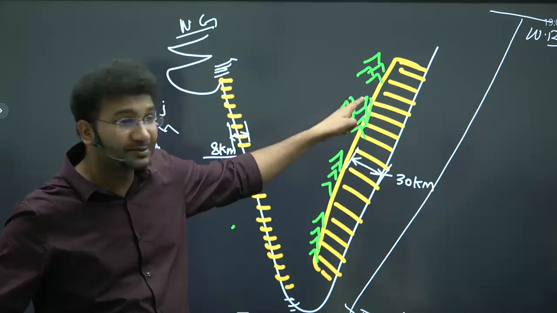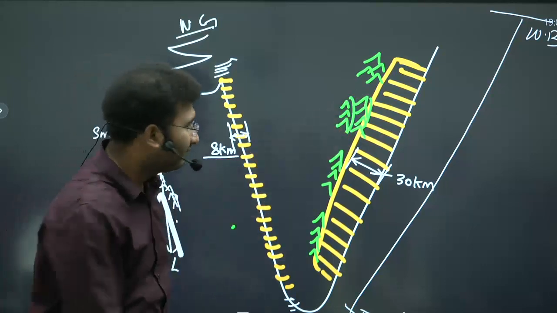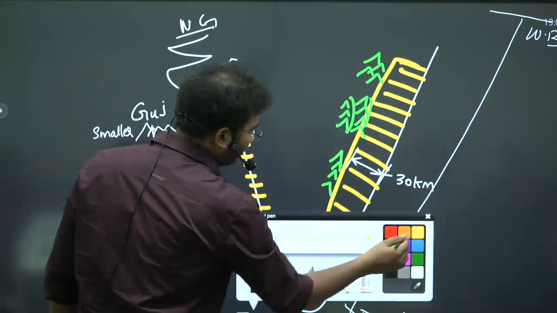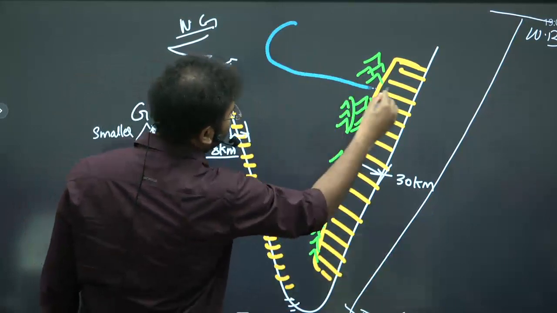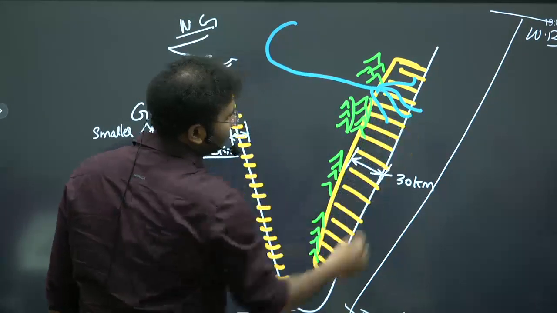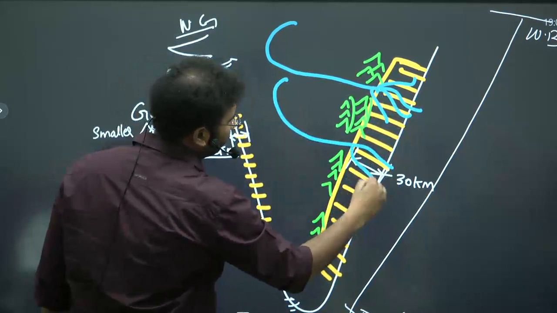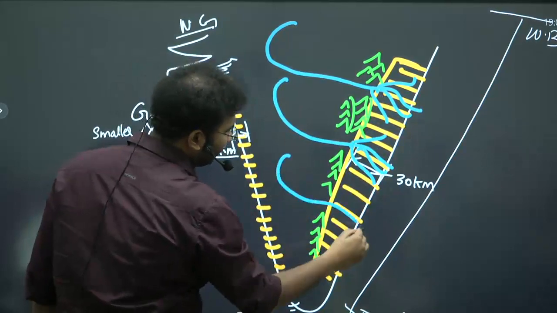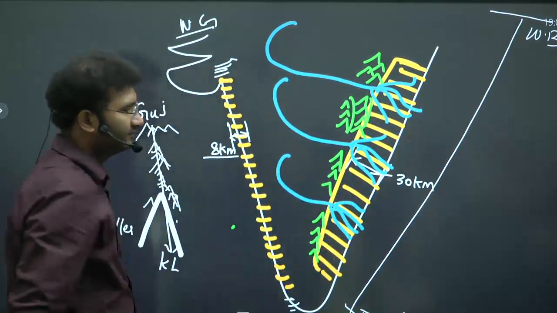Now you have gaps between them. Why do you have these gaps? Rivers. This is Godavari river, which forms its delta. This is Krishna river, which forms its delta. This is Kaveri river, which forms its delta.